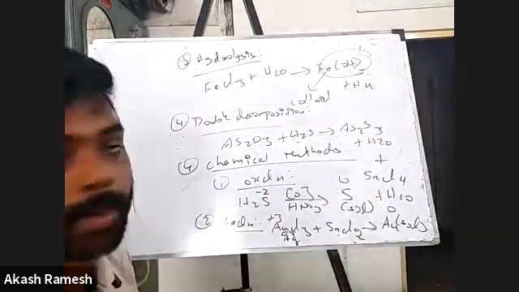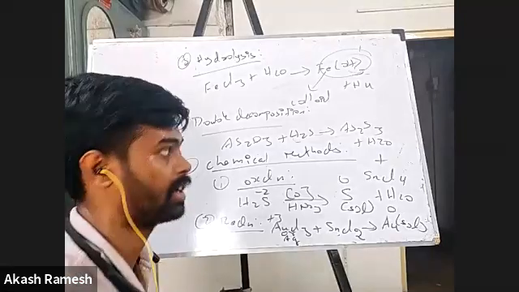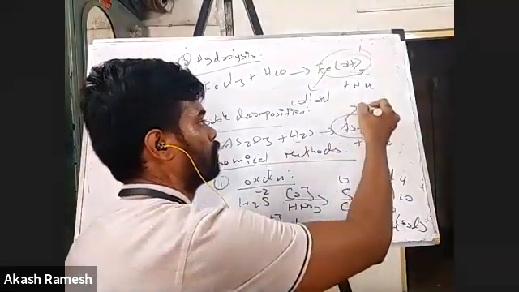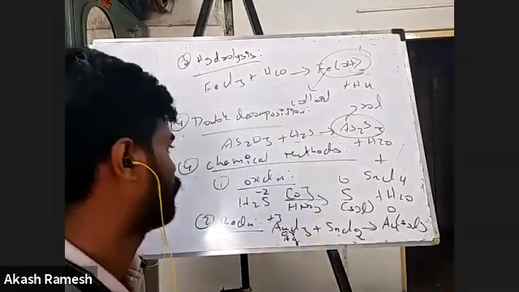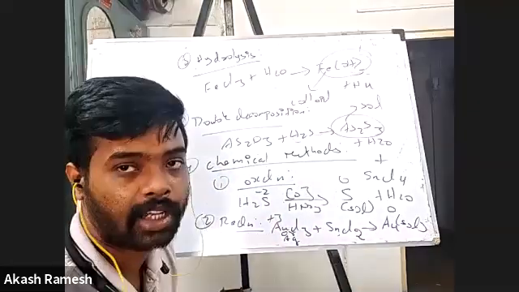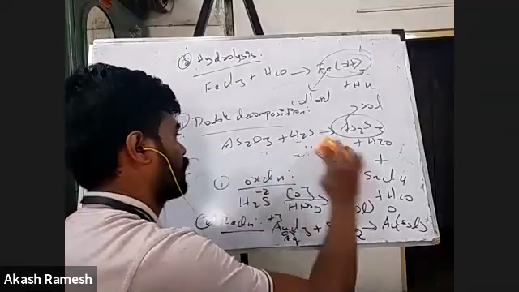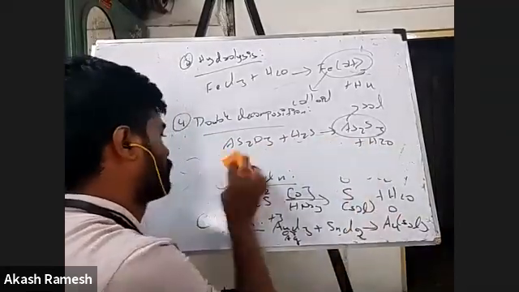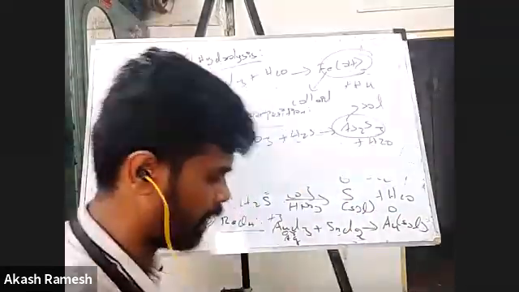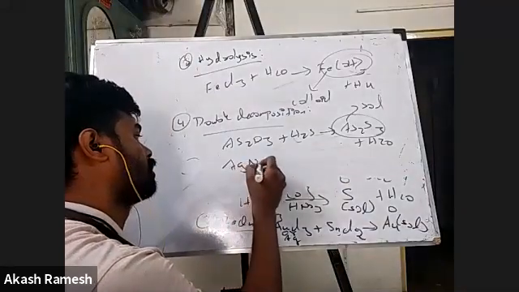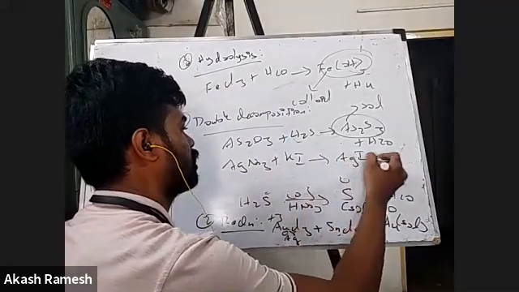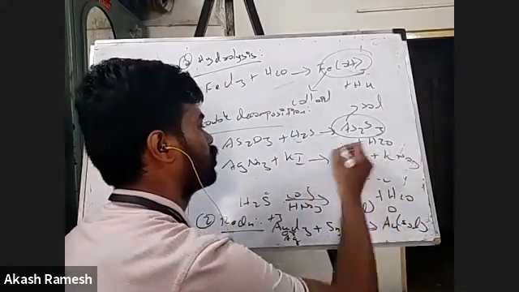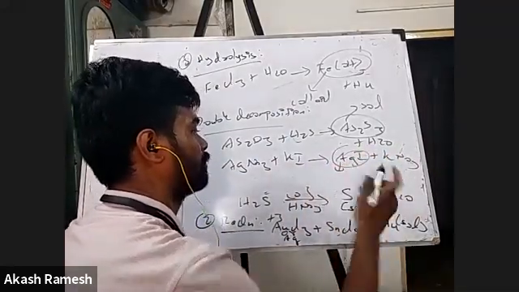So you can see that it is a double displacement or double decomposition reaction. Again, this is my sol, this is my colloid, right? And one more good example is AgI. I can write that also. I have AgNO3 reacting with, say, KI, which will form AgI plus KNO3. So AgI is again a colloid.